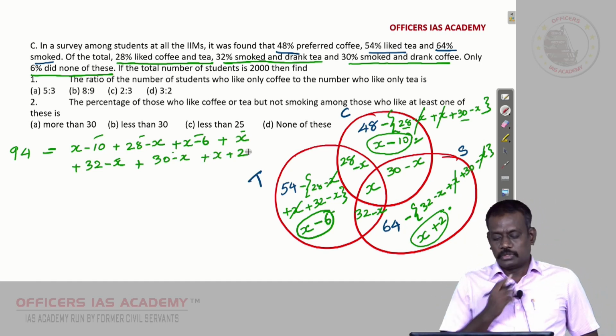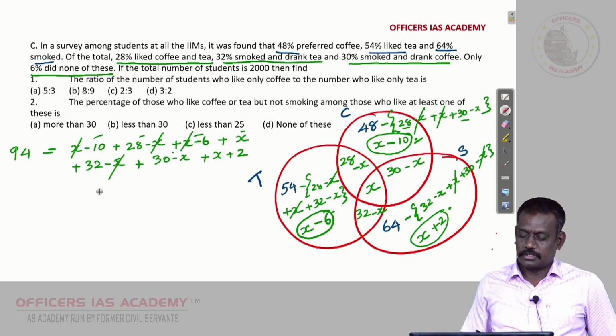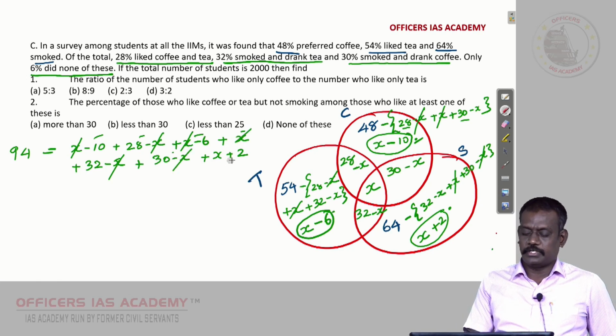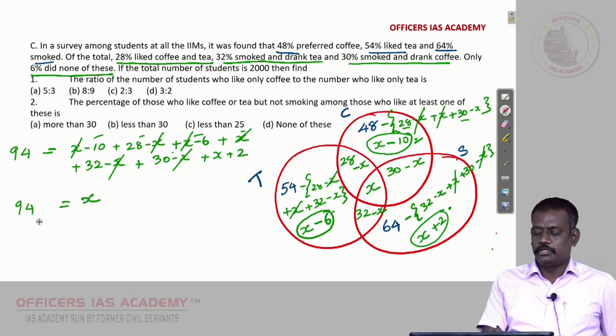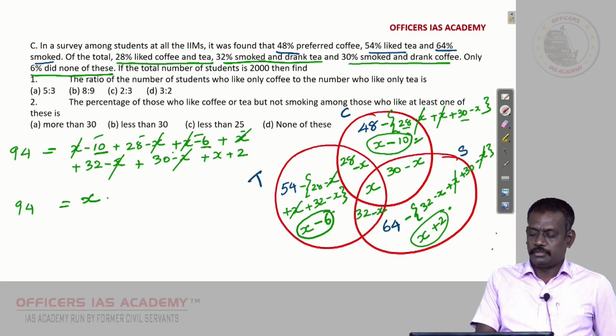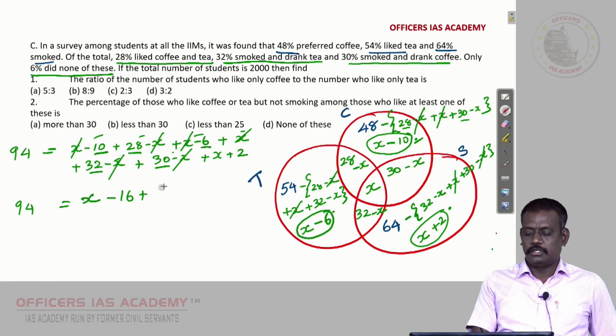Now you can cancel this plus x and minus x, plus x and minus x, and plus x and minus x. So finally you will have the value x, and this side it is 94. Now it is minus 10 and minus 6, minus 16, plus remaining 28 plus 32 is 60, 60 plus 30 is 90, 92.